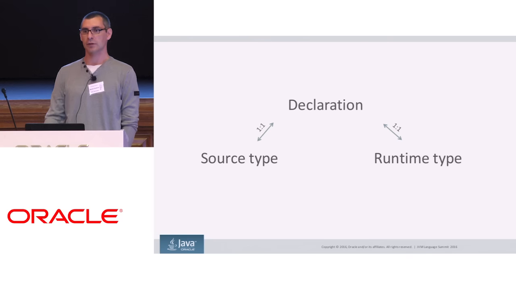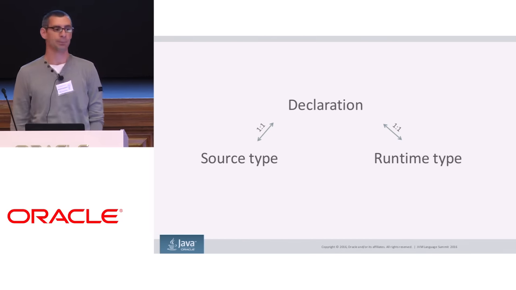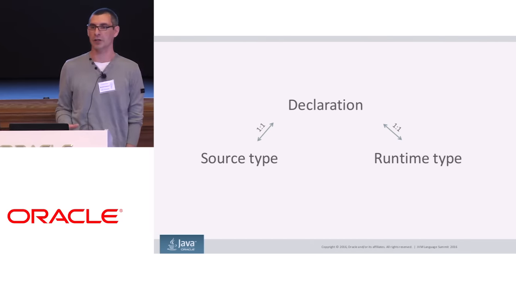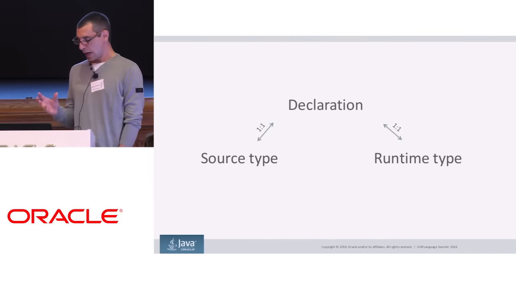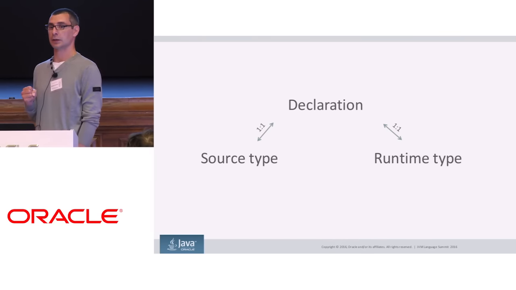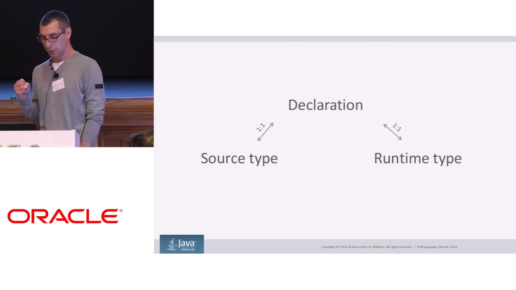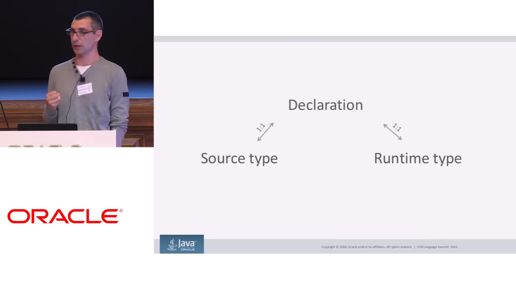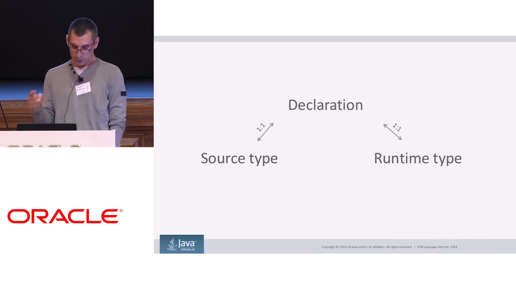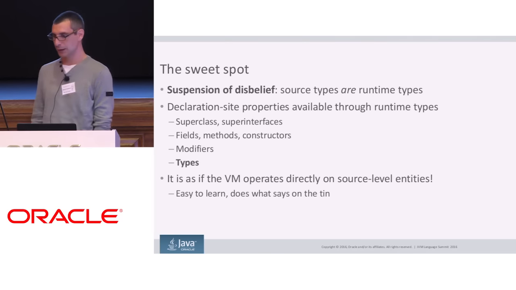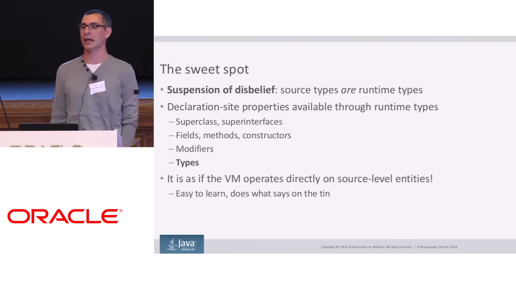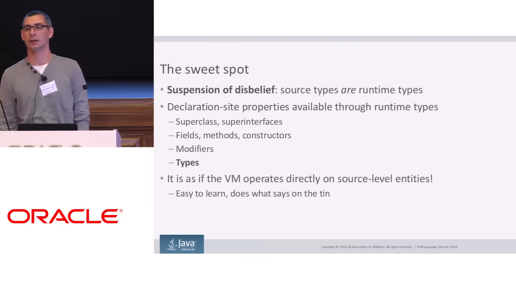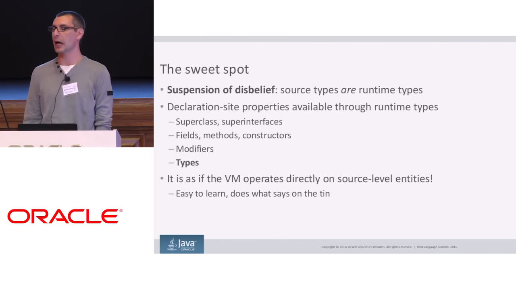Reflection is all based on this subtle assumption in which, if you have a declaration, you have a unique type that comes from that declaration. And if you have a declaration, you also have a unique runtime type that comes from that particular declaration. If you work under this sweet spot assumption, that's a pretty powerful illusion, because I can actually pretend that the domain of my source types is exactly the domain of runtime types.